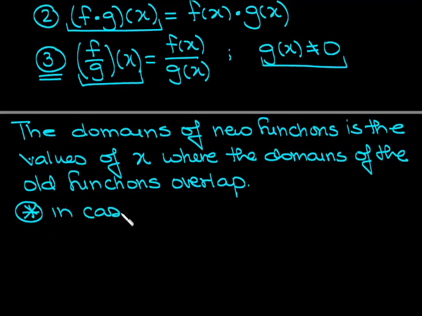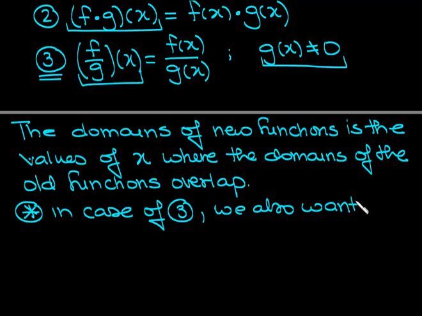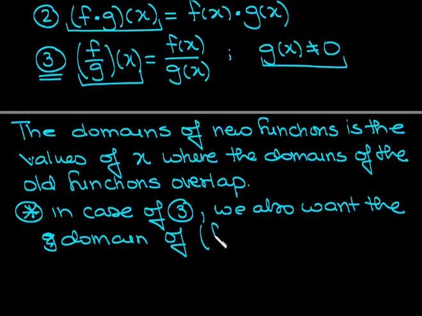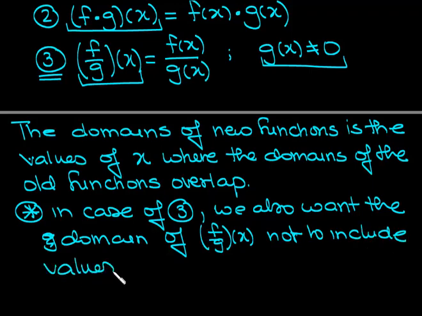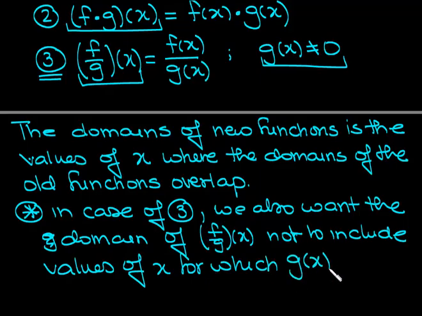In case of 3, we also want the domain of f divided by g of x not to include values of x for which g of x is 0.